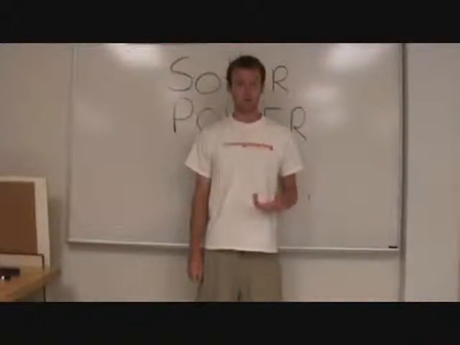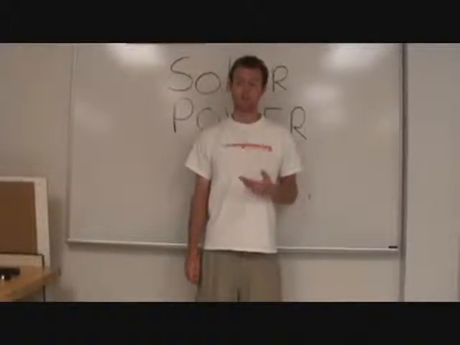So now that we know what power is, we need a way to calculate it. And the equation for calculating power is the voltage times the current that's going into our system. So what we're going to do is go out and calculate the voltage that's on our solar car first, and then we'll calculate the current.